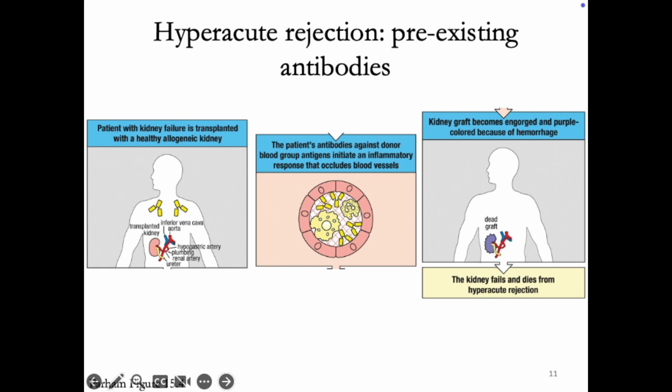So there is one very frequent antigen that you do have antibodies against that is in other people. That is the blood group antigen, the ABO blood group antigen that I told you guys about before. So remember, for example, I have type B blood.